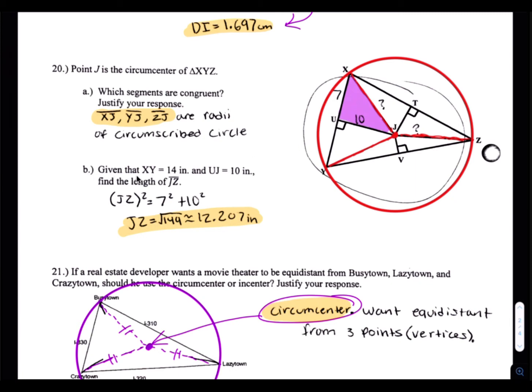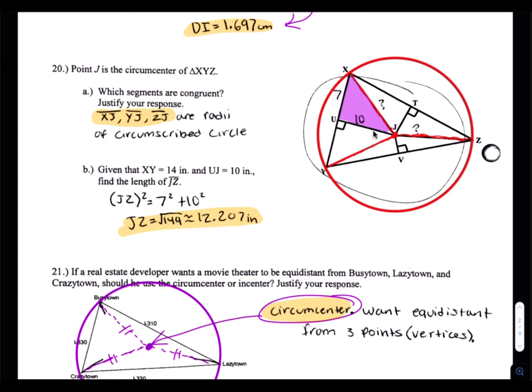And part B, given that XY is 14 inches and that UJ is 10 inches, find the length of JZ. Now first, I would like to say that JZ is a radius and JX is a radius, so JZ is the same as JX. Now let's focus on this purple triangle. Remember it said XY was 14, so that means XU is going to be half of 14, which is 7.